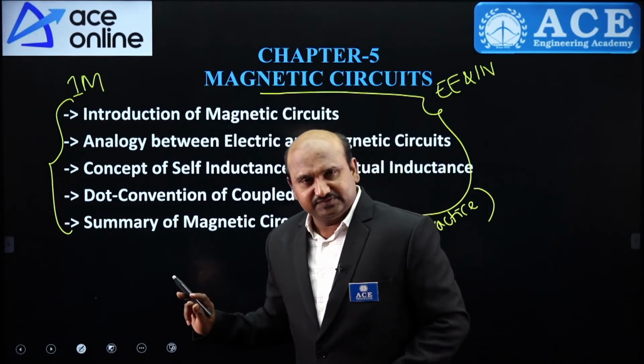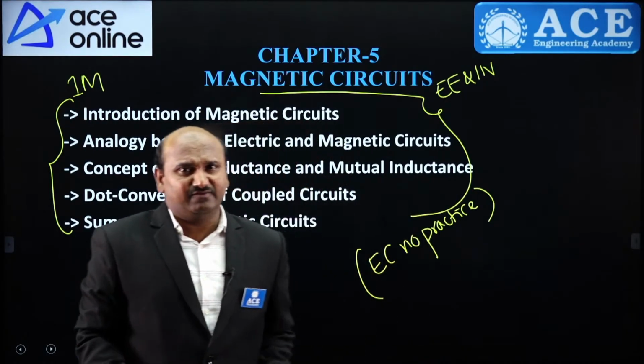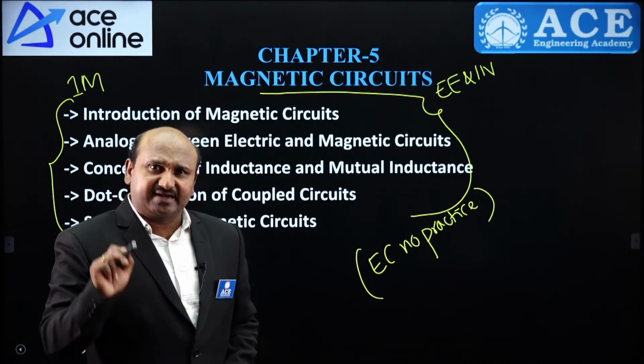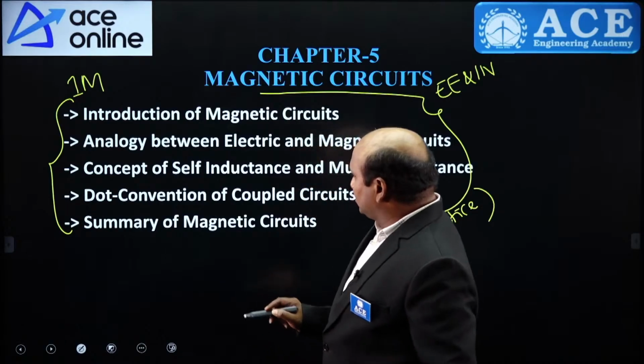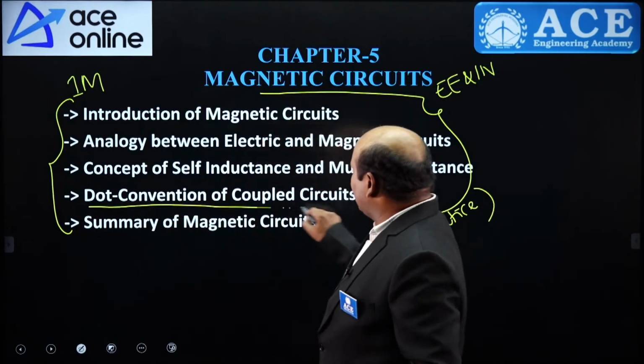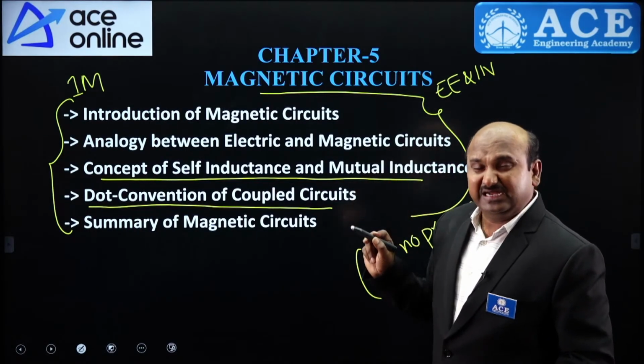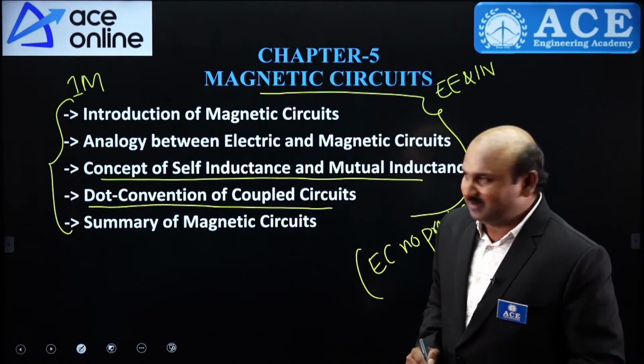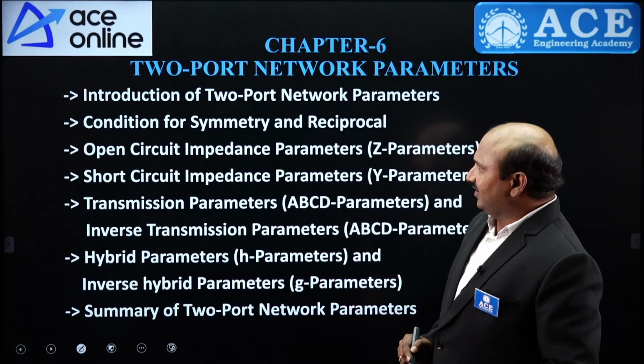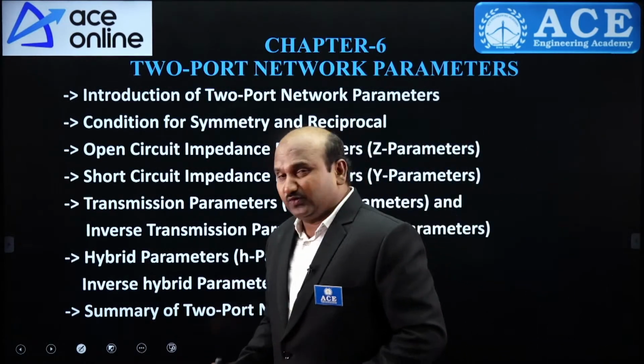Don't practice this one. One time mutual inductance was asked. In this one also, go through the dot conventions or the concept of mutual and self-inductance. For EC people, if you want, it will take maximum half an hour. Right? Next one is also very important.